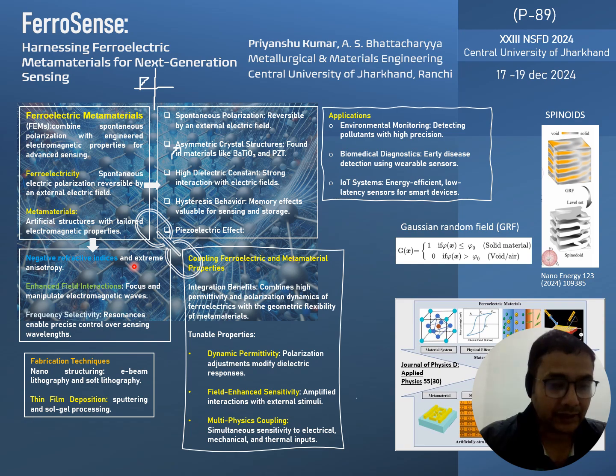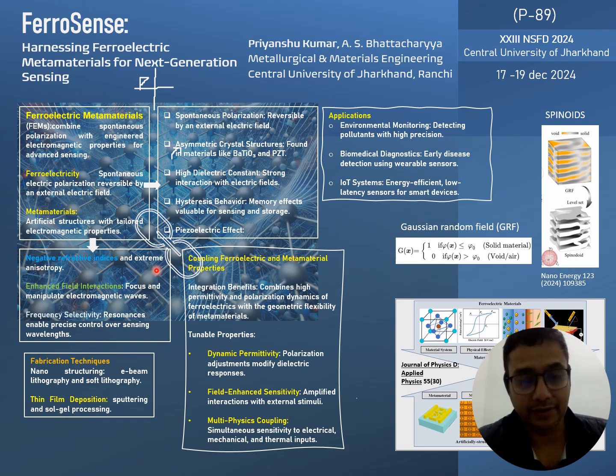So even if the material is not showing these sorts of properties, it may show other types of property. Like it may show a property associated with optical transmission, or it may show a property associated with magnetic biasing. Okay. So the basic idea is it will have artificially engineered units arranged in a pattern.